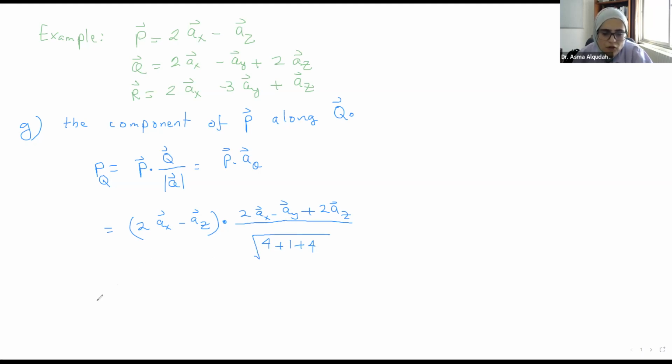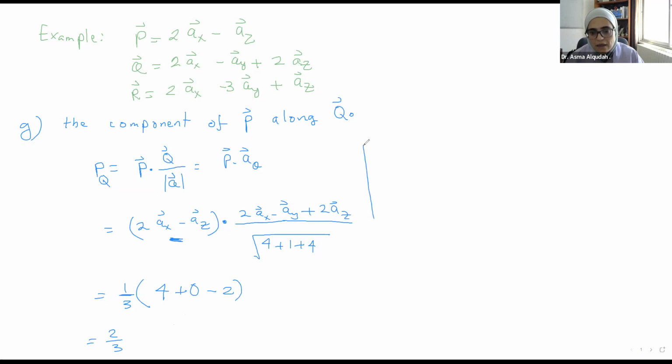So let's put the factor of 1/3 here, and then we do the dot product. We have 2 times 2 equal to 4. The Y component here is 0, so it's 0 in the dot product, and then we have minus 1 times 2, which is minus 2. So the result will be 2/3. This is the scalar component of P onto vector Q.